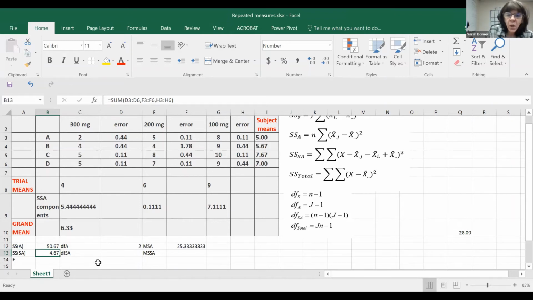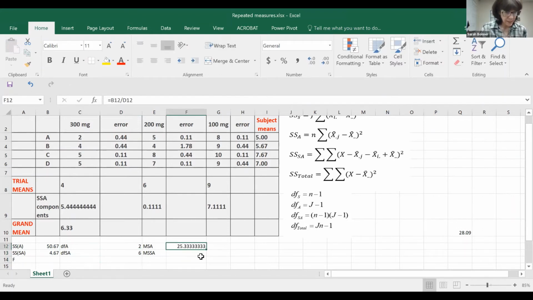Okay, so our mean square SSA, we need to know our degrees of freedom. For SA, our degrees of freedom are the number of people who are measured repeatedly times the number of repeated measurements. So that's 3 times 2 is 6.